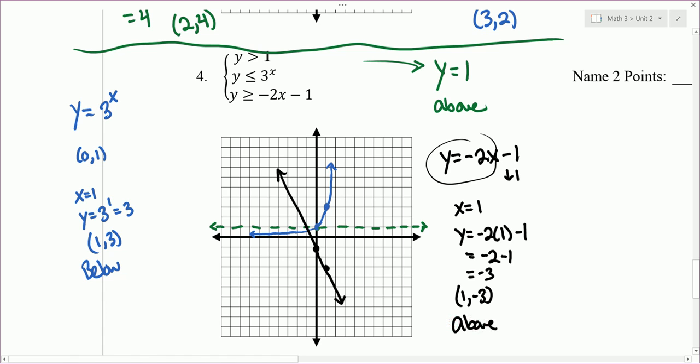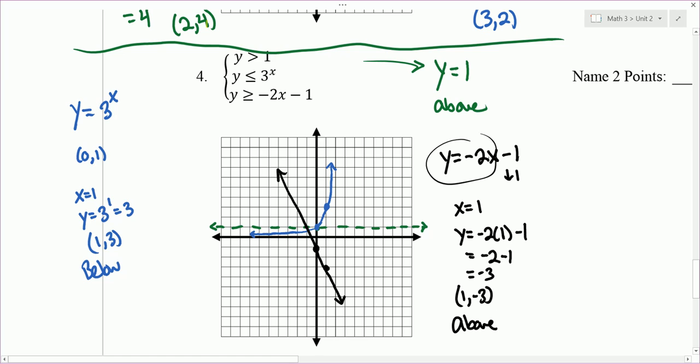Okay, so we want below the blue curve, above the green, and above the black line. So go ahead and pause this video and decide where to shade. Once you've decided, then start it back up. Okay, so let's see.